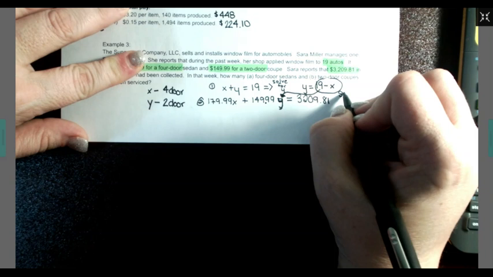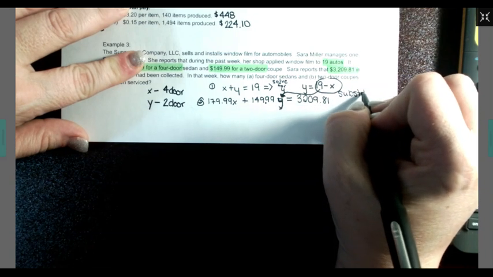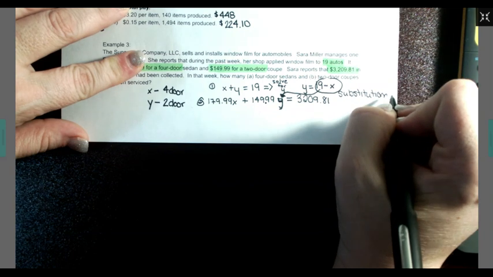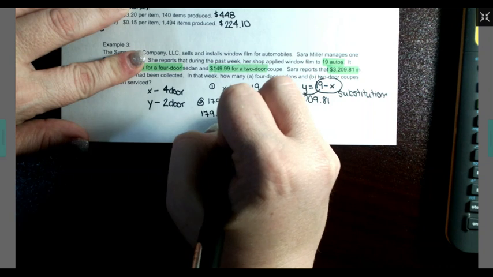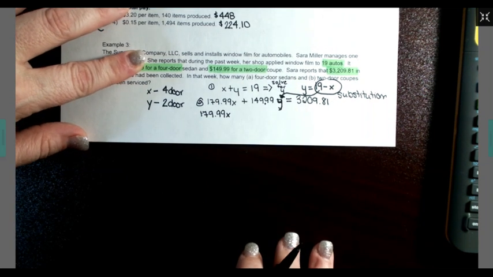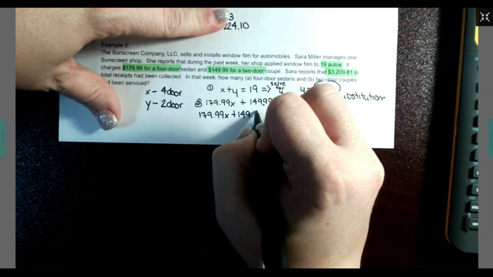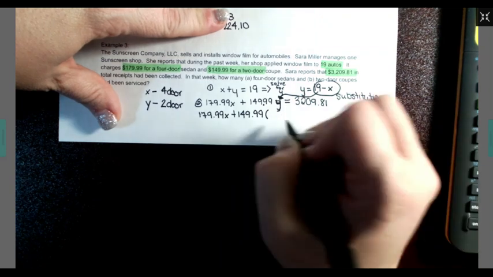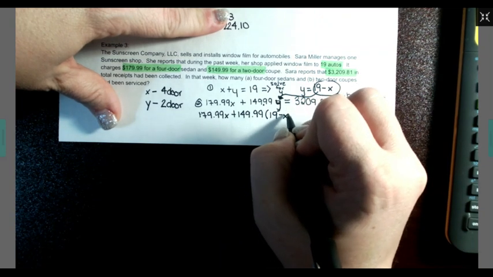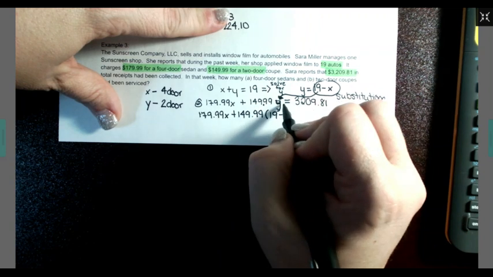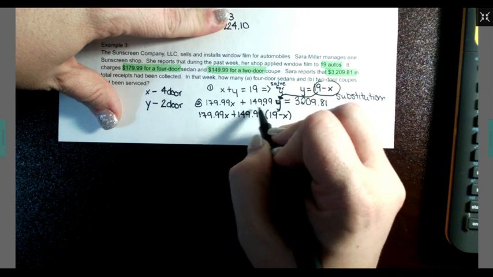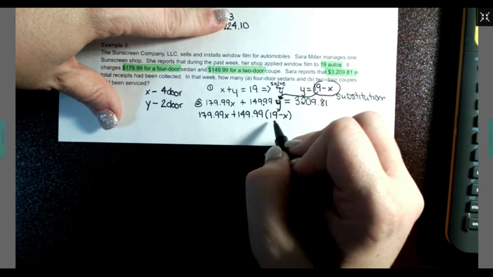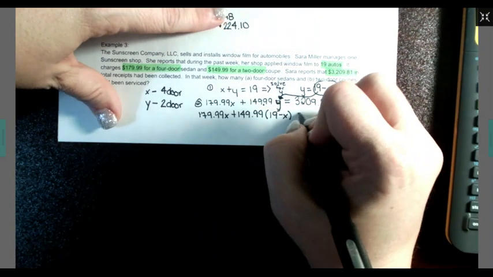So we've got $179.99 for each X four-door car, and now we've got $149.99 being multiplied to 19 minus X, because that's what I'm plugging in for the Y. I'm replacing Y with this. But remember, Y is getting multiplied to this $149.99, so we'll put the parentheses on there so we can do the distributive property.